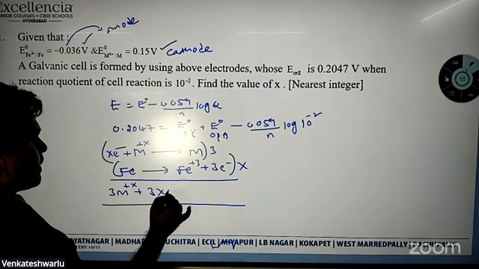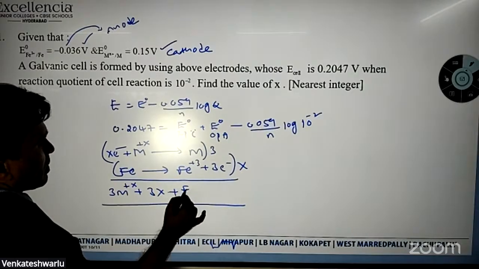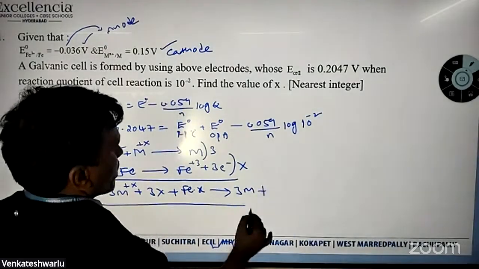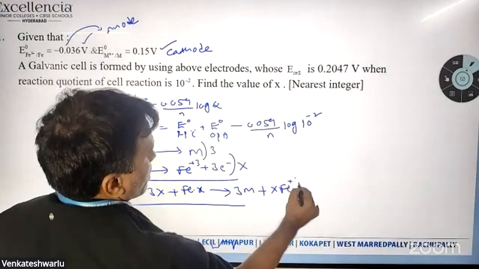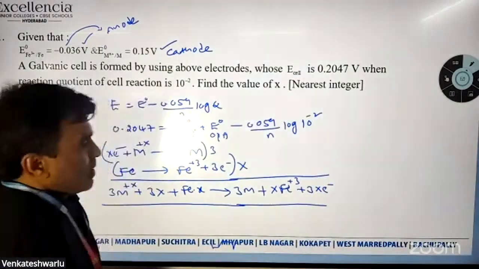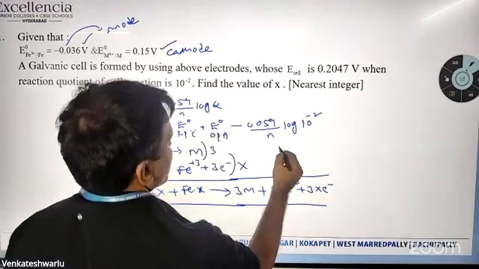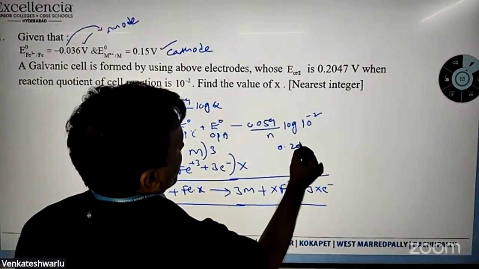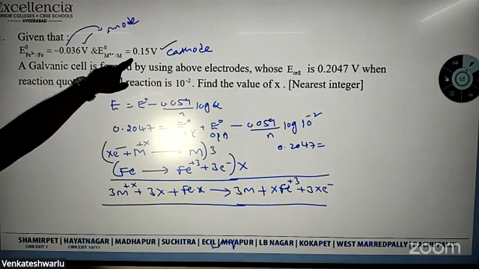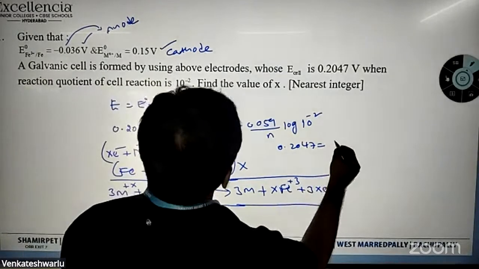Electrons should be equal, right? Plus Fe into X gives rise to 3M plus X Fe plus 3, plus 3X electrons. So your total electrons are 3X. N is the number of electrons. 0.2047 is equal to: the reduction potential of the cathode is given here as 0.15, and the oxidation potential of the anode is a plus value.